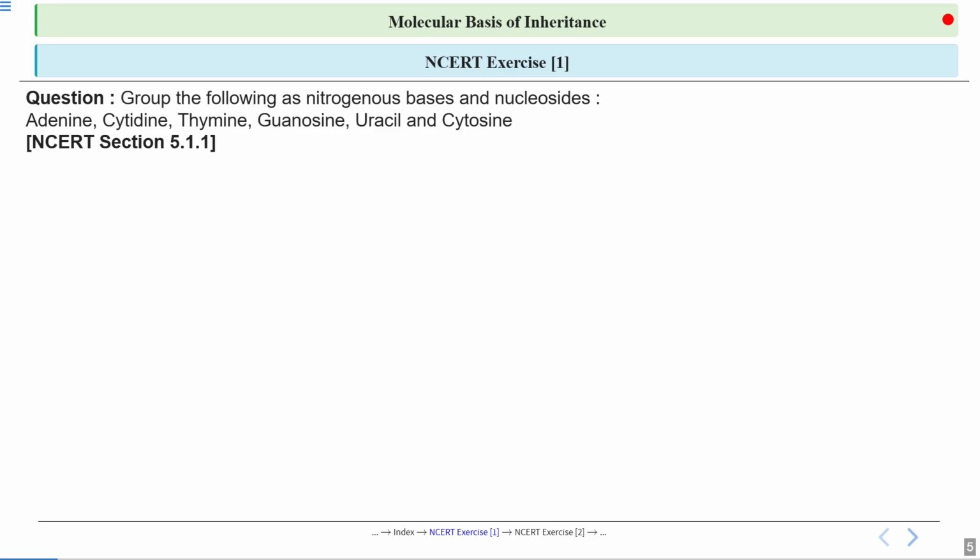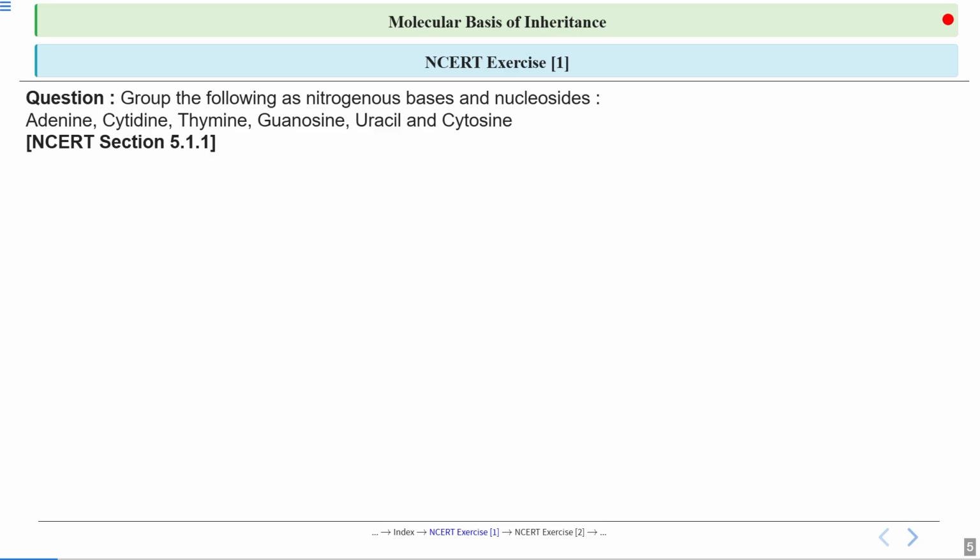What are nucleosides? A nucleoside is a molecule composed of a nitrogenous base linked to a pentose sugar. That pentose sugar could be ribose or deoxyribose, depending on whether it is RNA or DNA. If we add one phosphate group to a nucleoside, it becomes a nucleotide.